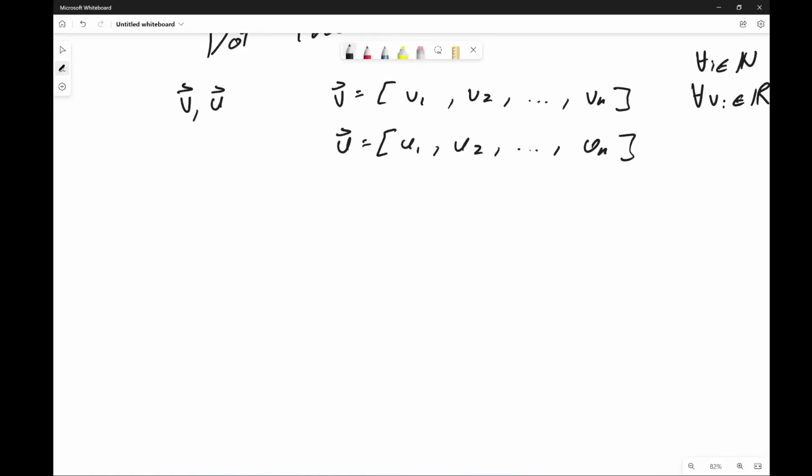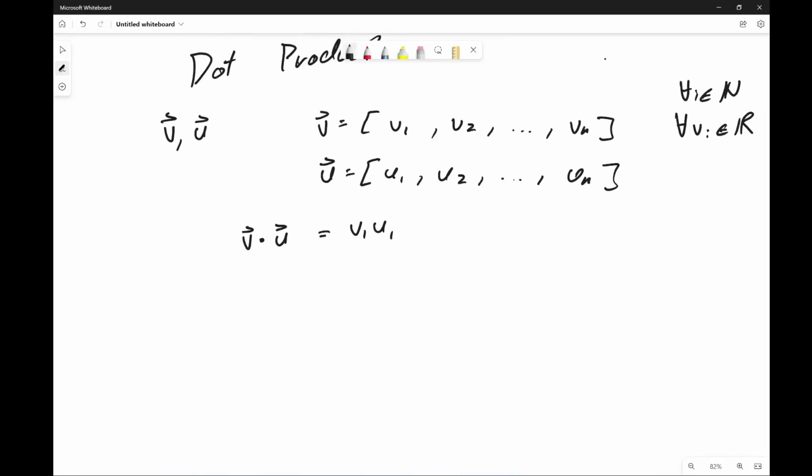So the dot product of these two, v dot u, we would define as v1 times u1 plus v2 times u2, plus all the way up to our arbitrary n, which is vn times un.